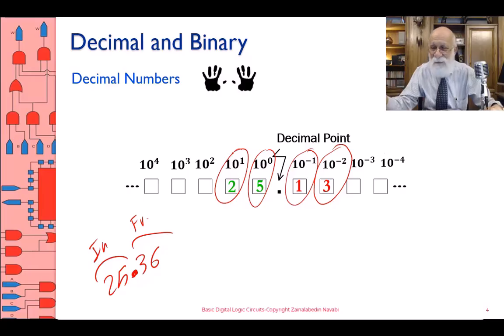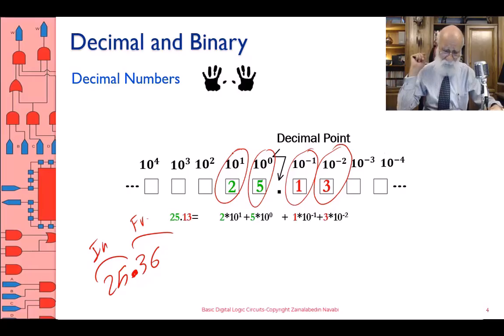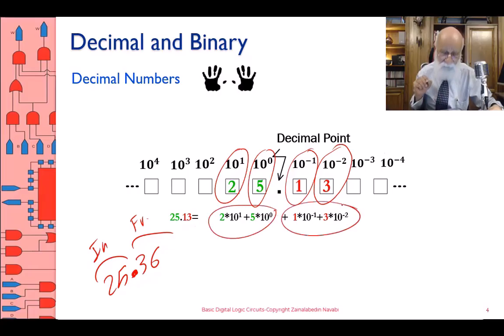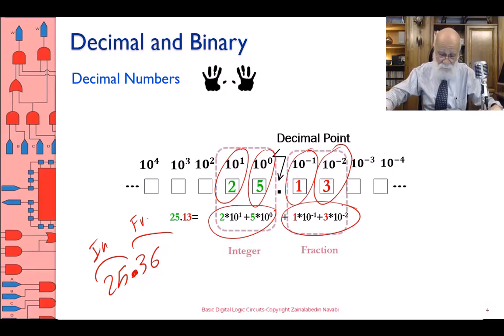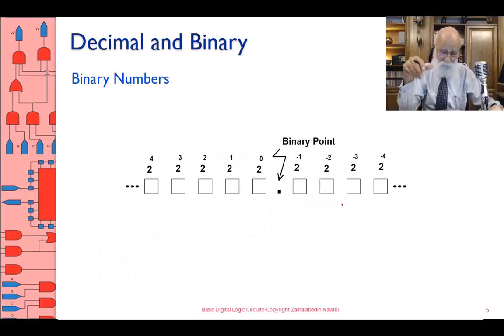We do exactly the same thing with binary numbers. Here, 25.13, this is the left-hand side, this is the right-hand side, the integer and the fractional part. Well, the same thing with the binary number. I have a binary point, not a decimal point.